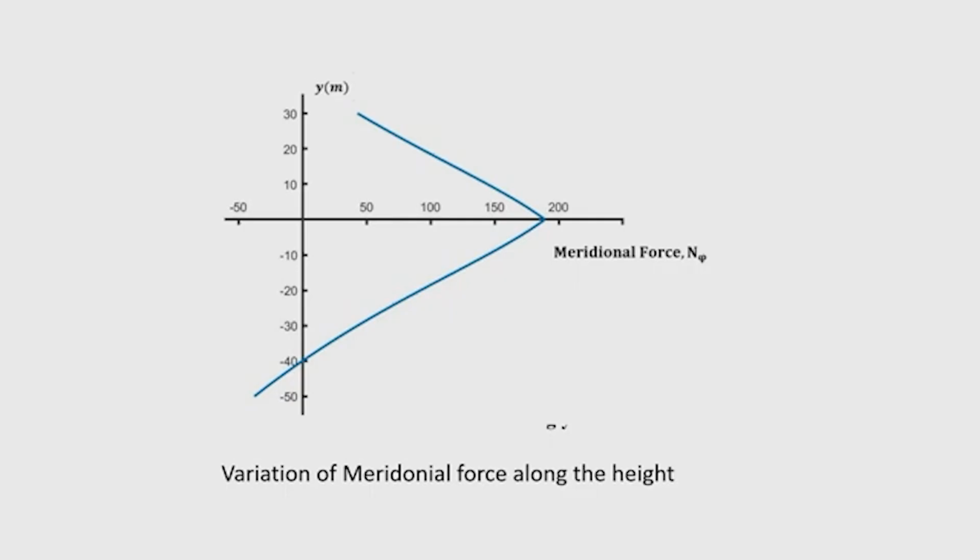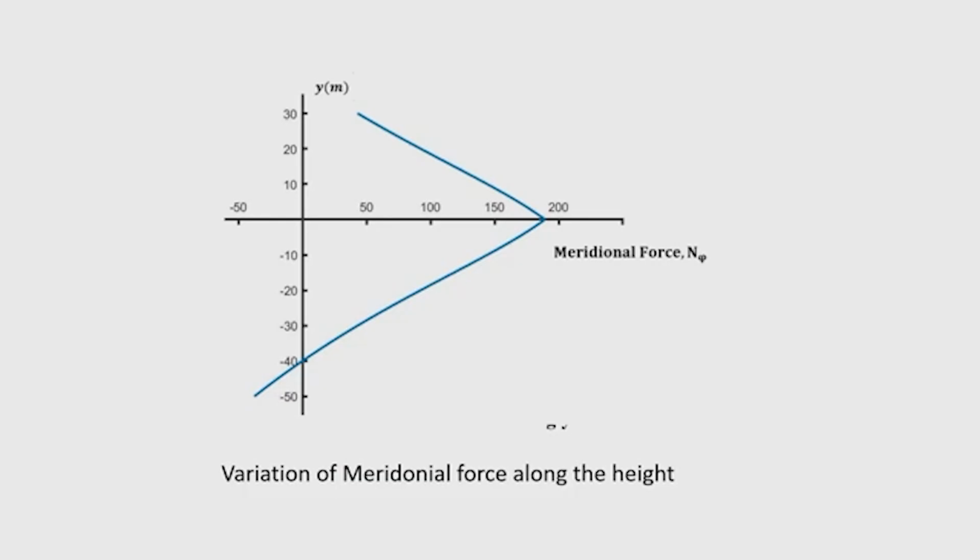Permissible stress in bending compression of concrete of grade M30 is taken as 8 Newton per mm square, and we are getting the induced maximum compressive stress as say 190 by 150, which is again a very low quantity, less than 2. So, the structure is safe in regard to the permissible compressive stress of concrete.